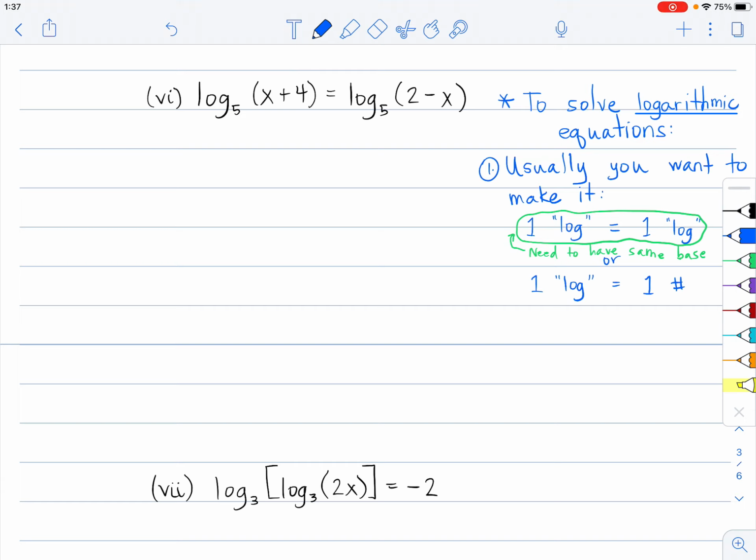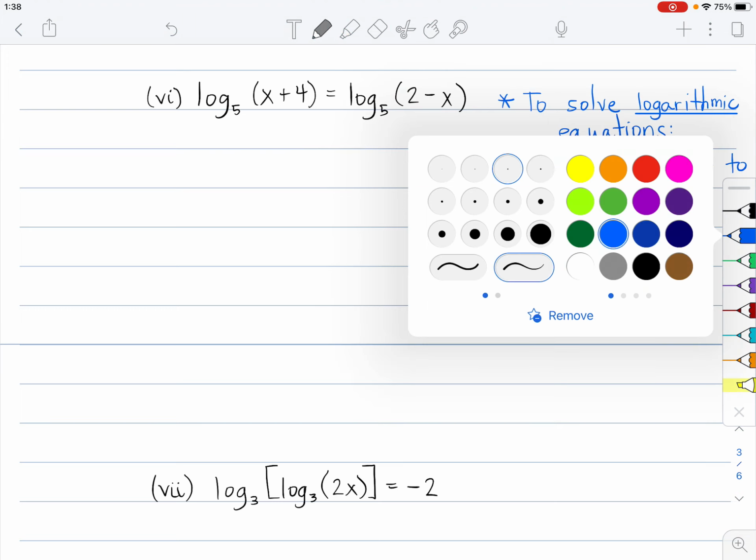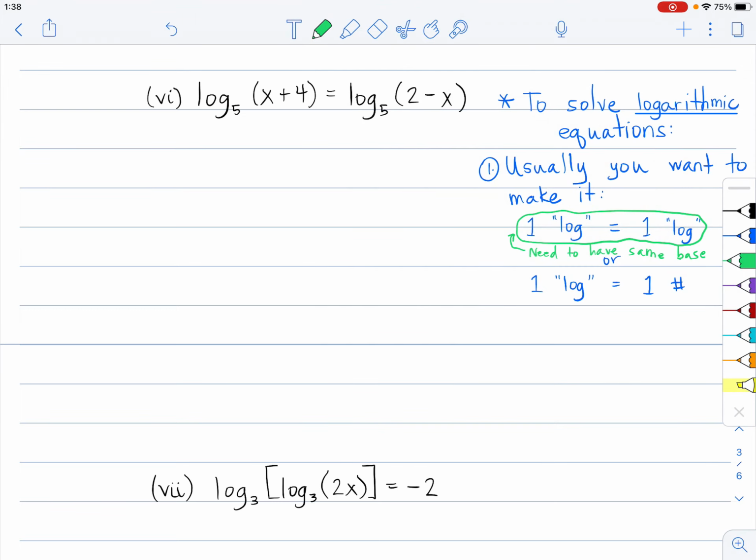So log base 5 of x plus 4 equals log base 5 of 2 minus x is this 1 log equal to 1 log situation. Once you are in 1 log equal to 1 log or 1 log equal to 1 number, you are then going to step 2 and base both sides.